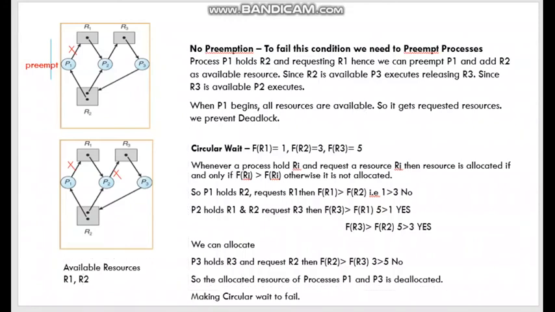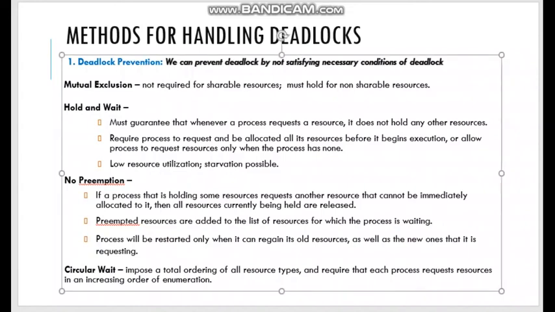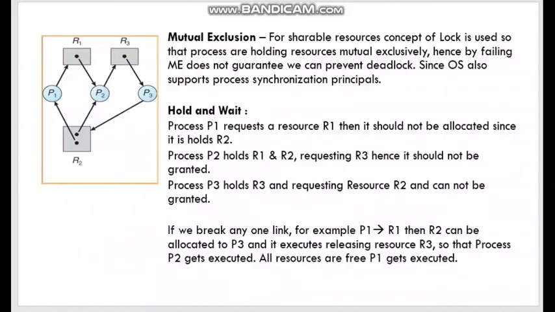You can take any system model and apply these conditions, such that we dissatisfy a condition. We have to write protocols such that these conditions are dissatisfied. We are not satisfying the necessary conditions of deadlock, because for any deadlock to occur these are the four necessary conditions, so we need to dissatisfy any one of them. We have explained with all four conditions.